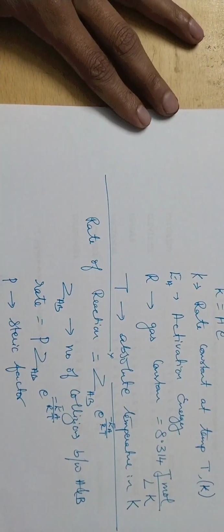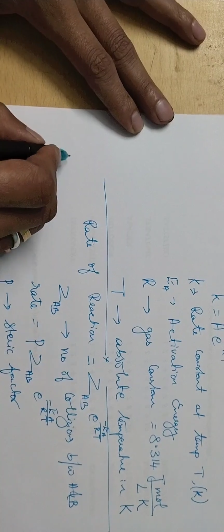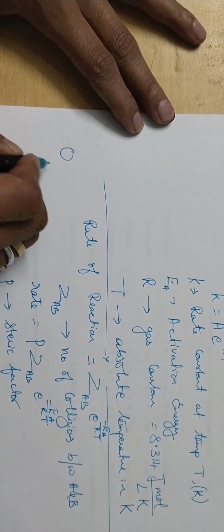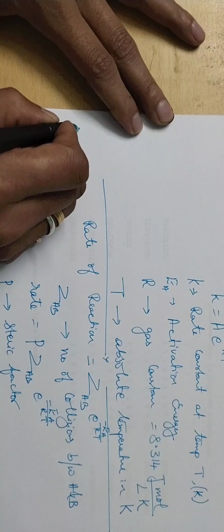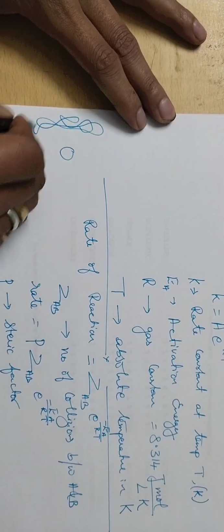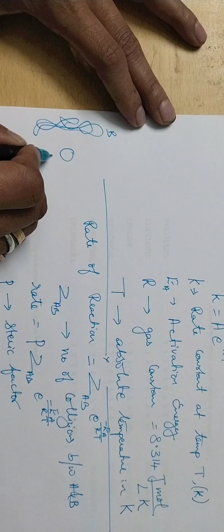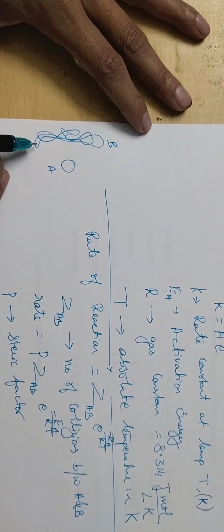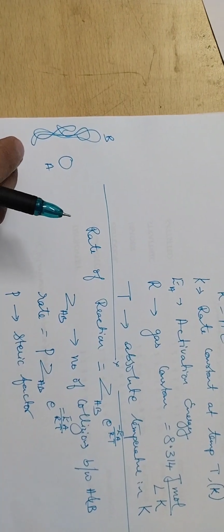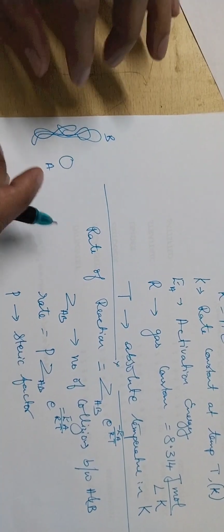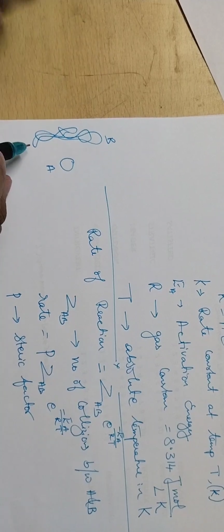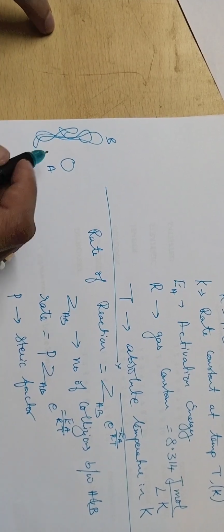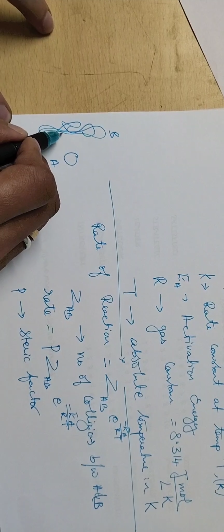Let's understand what this actually is. If molecule A and molecule B are colliding, let's consider B to be an enzyme. It is not a small molecule, it is a large molecule, it is an enzyme, and all the enzymes will have something called an active site.